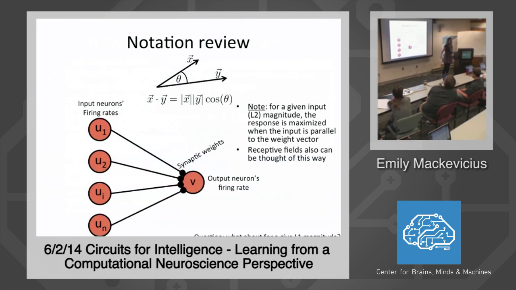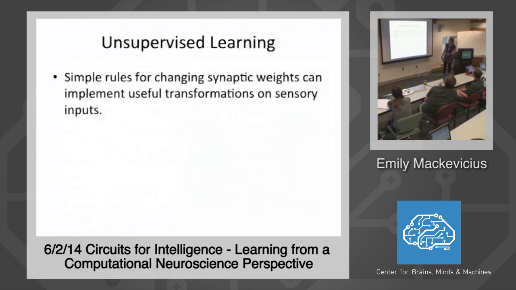So first I'm going to talk about unsupervised learning, so some simple rules where you could change the synaptic weights, and I'm going to show some useful transformations that are implemented by these simple rules. The basic rule that everyone thinks about is Hebb's rule, which is encapsulated by neurons that fire together, wire together.